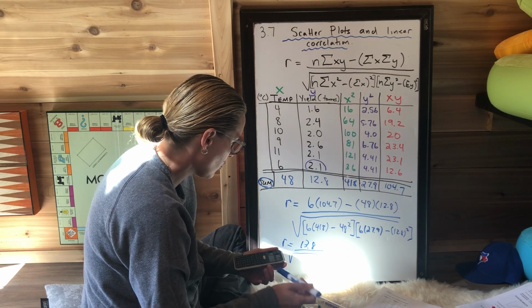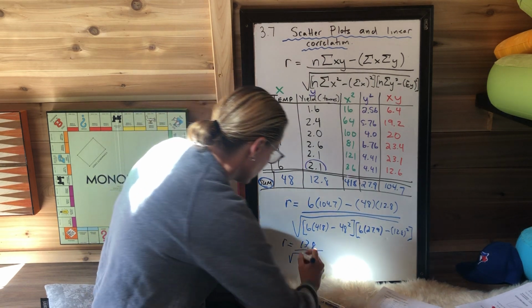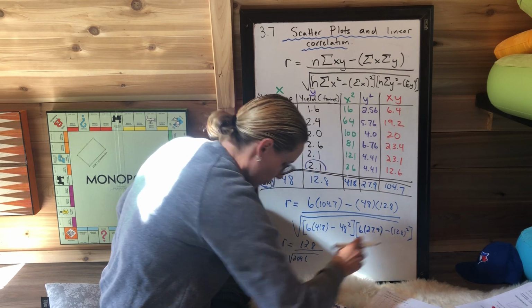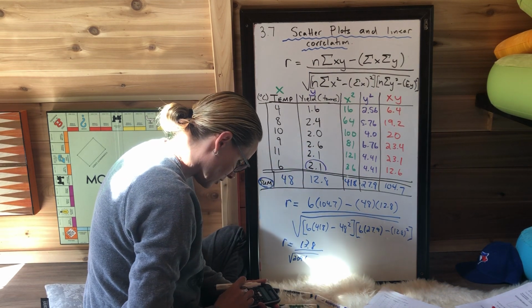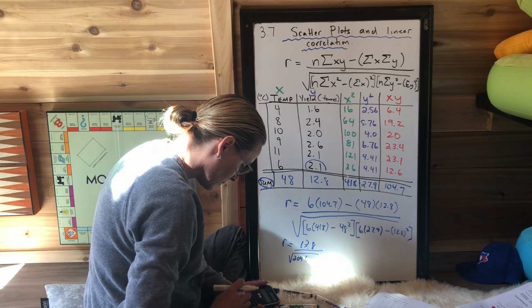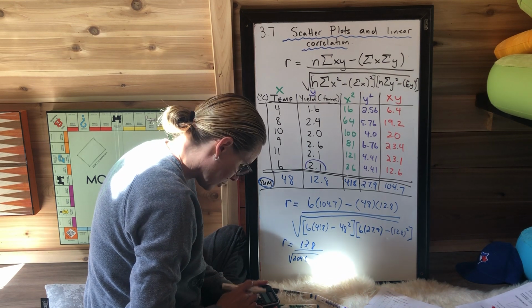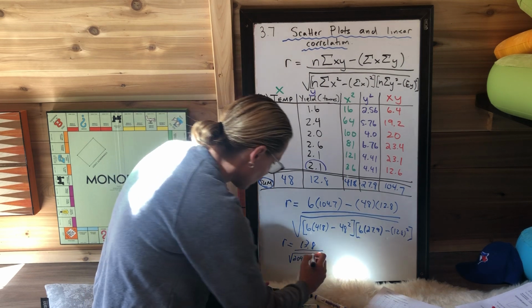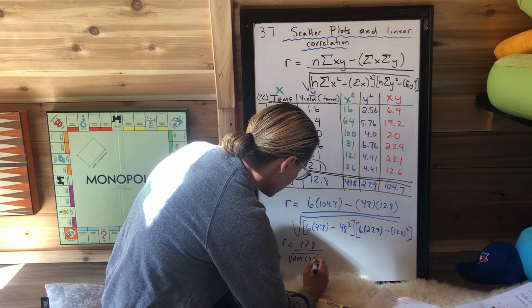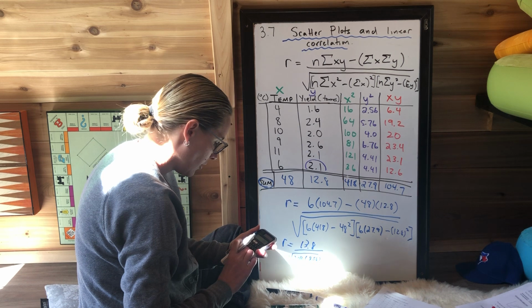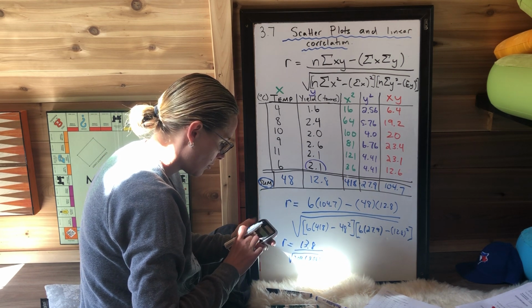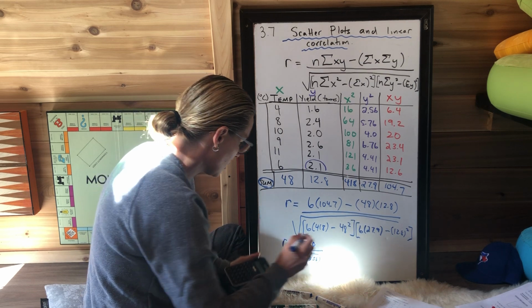I get 204. Multiplied by whatever this is going to be, 6 times 27.9 minus, in brackets, 12.8 squared, which is 3.56. So 3.56 times 204 in the bottom, square root of which equals 26.